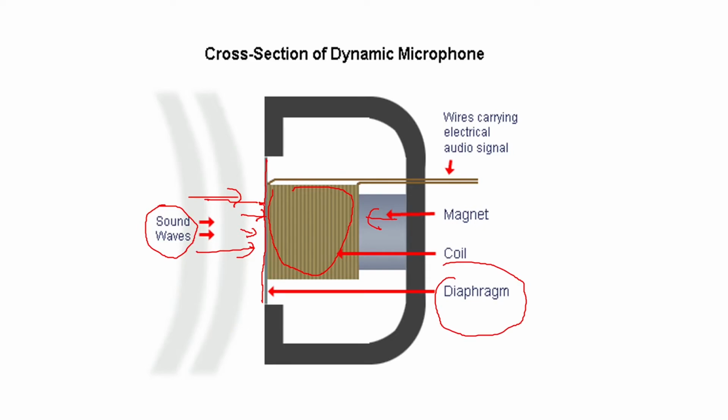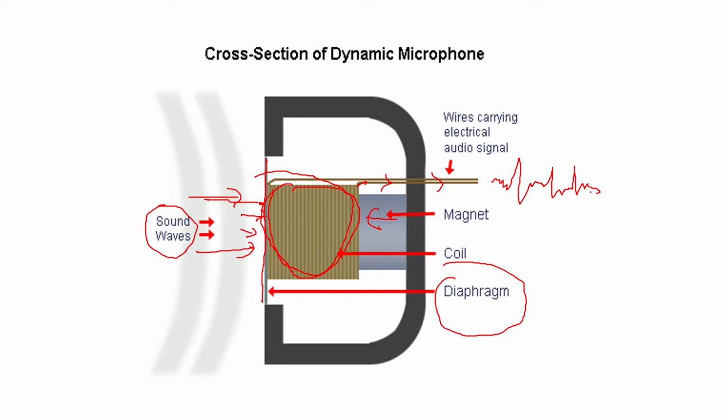That mechanical movement is transferred to the moving coil. The moving coil also moves in and out in the magnetic field. Depending on the movement of the moving coil in a magnetic field, a current is induced in it. That current we have to tap and take as the output current signal, and that signal will be nothing but your representation of the sound waves. So as a whole, you are going to convert your sound waves into electrical energy.